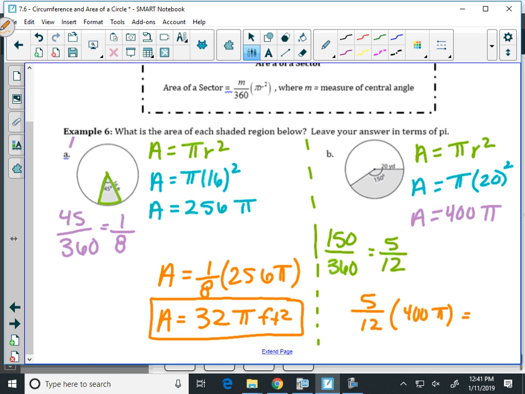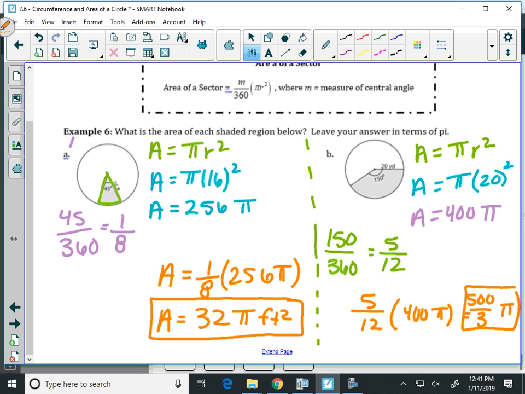Do the math in a minute. 500 over 3. Again, you might get some goofy fractions. That's okay. So the area of that sector is 500 over 3 pi square yards.